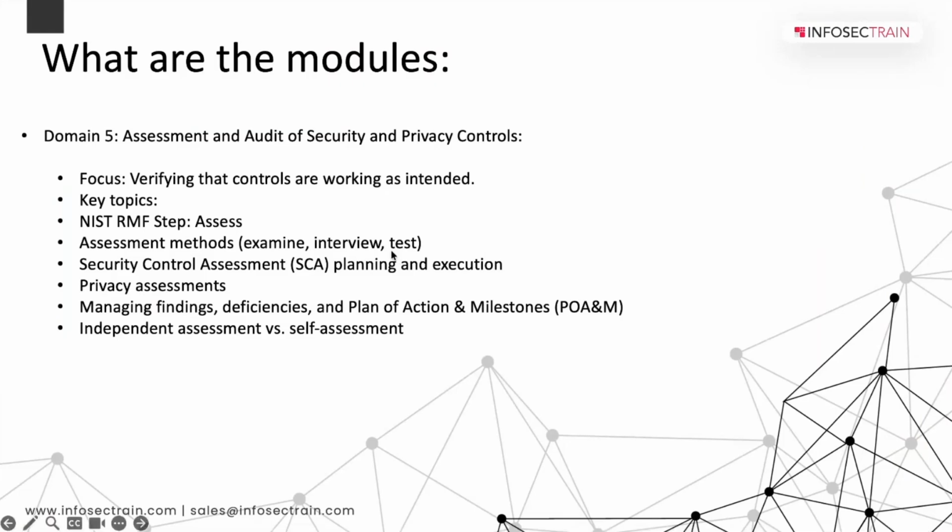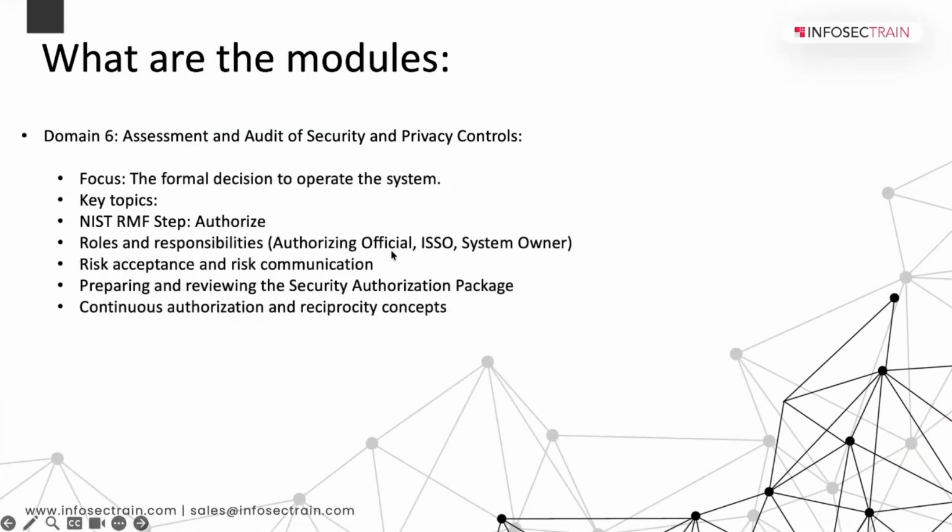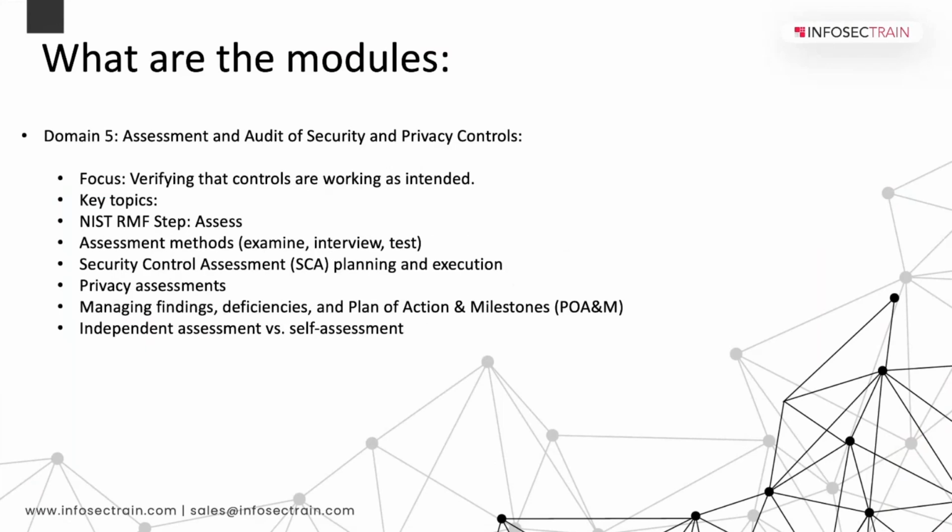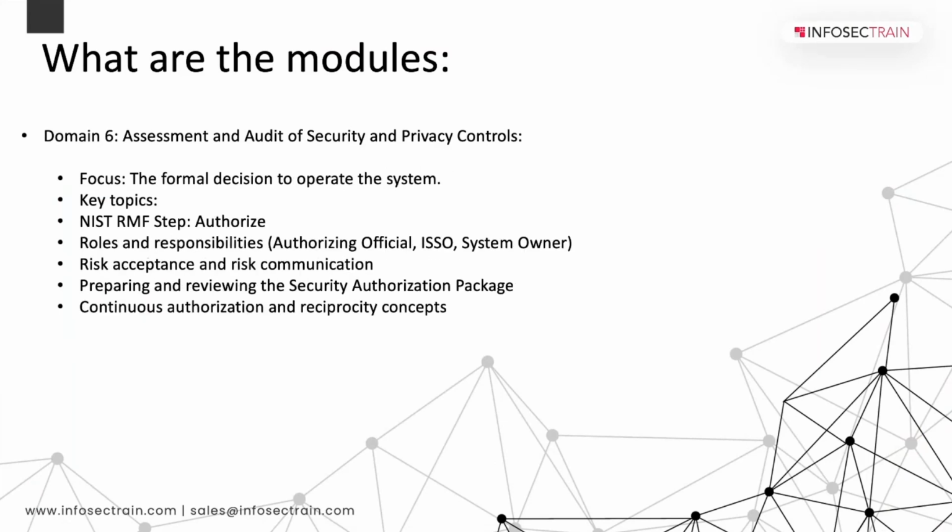So the next is domain 6, which is your assessment and audit of security and privacy control. In the previous stage, we finalized the assessment. So we identified what kind of assessment we are going to conduct. Now, once the assessment results have arrived, we are going to go into the authorization stage, where we transition the system to the production environment.